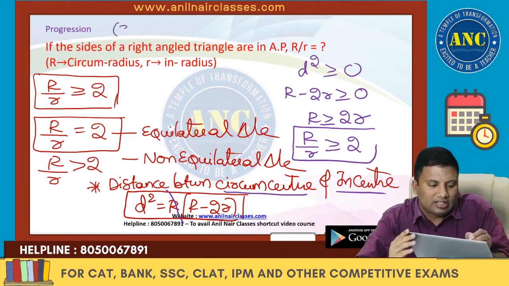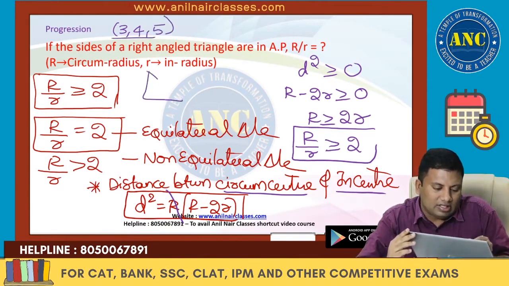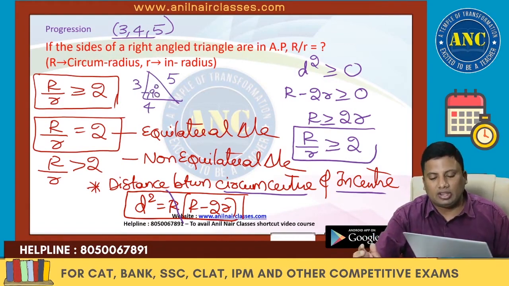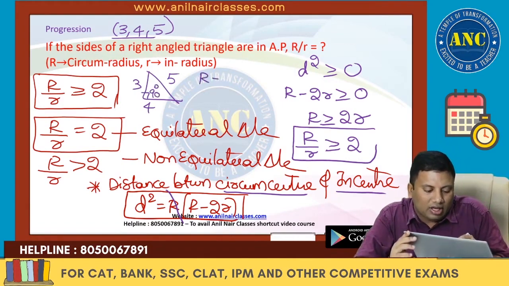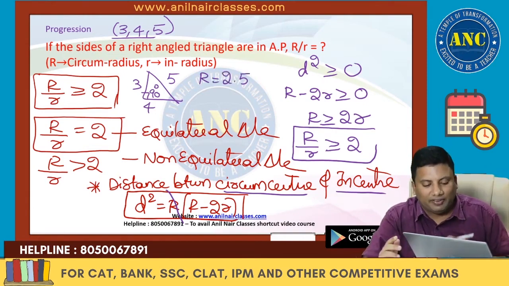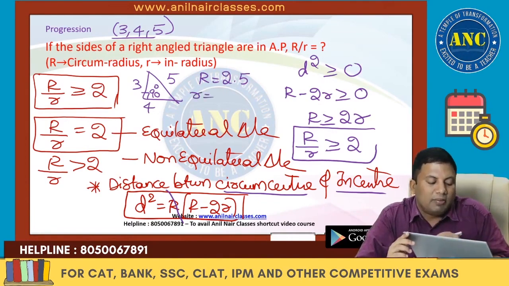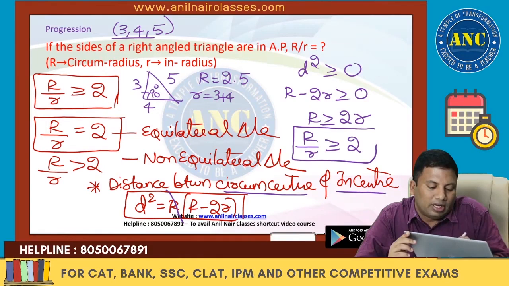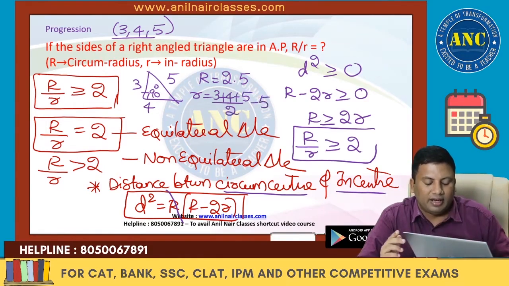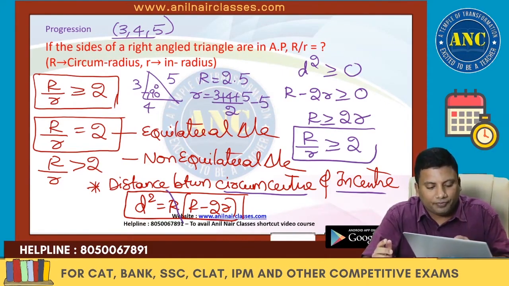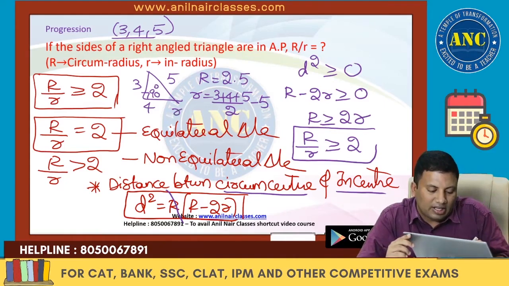Now the question is very easy. Because the sides of a right angled triangle are in AP, it is 3, 4, 5. R is nothing but half of the hypotenuse, which is 2.5. Small r is semi-perimeter minus hypotenuse: 3 plus 4 plus 5 by 2 minus 5, which is 12 by 2, 6 minus 5, 1.